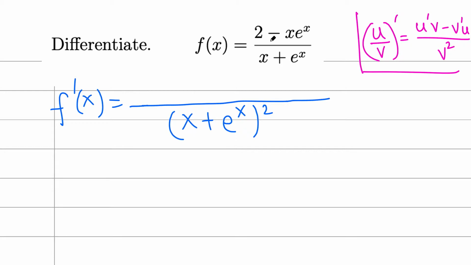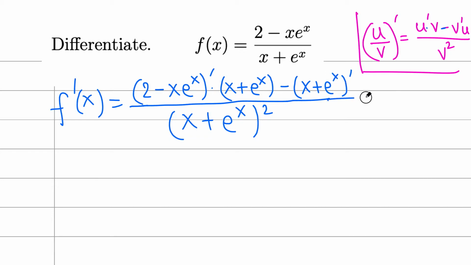On the top, derivative of top, that's the u prime. So (2 minus x e to the x) prime, derivative of top, times the bottom, (x plus e to the x), minus, in the middle, derivative of bottom, (x plus e to the x) prime, times u, that's the top, (2 minus x e to the x).